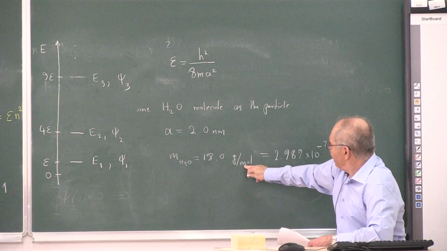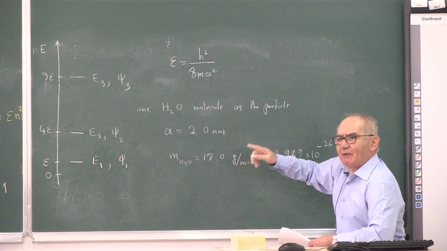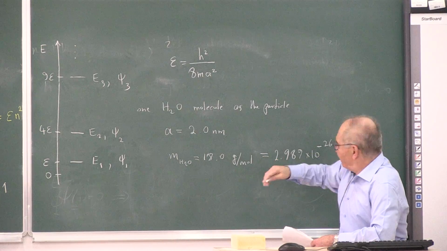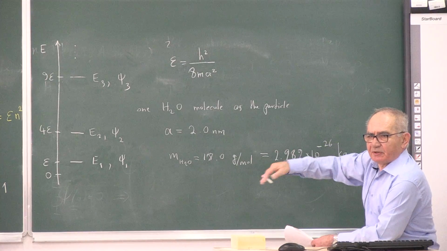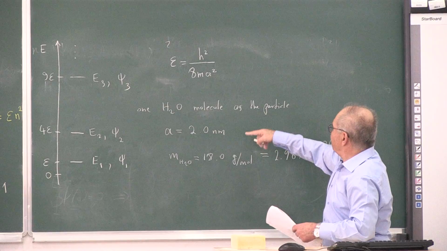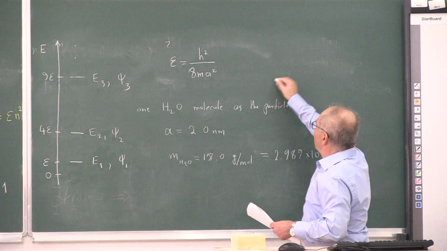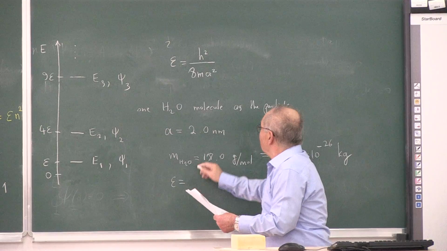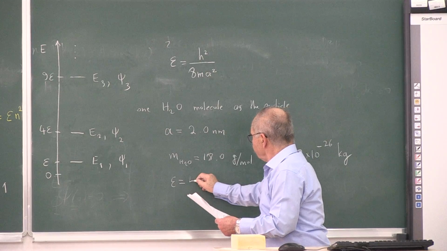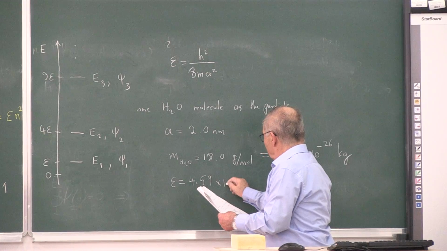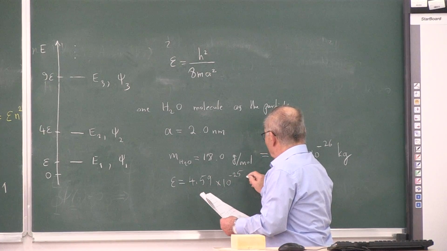And then per mole, mole means Avogadro's number, 6.02 times 10 to the 23. Then use your calculator, you will obtain this. Okay? Now, with this data, the numerical value for epsilon from this expression is 4.59 times 10 to the minus 25 joule.